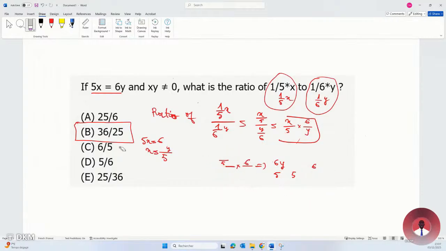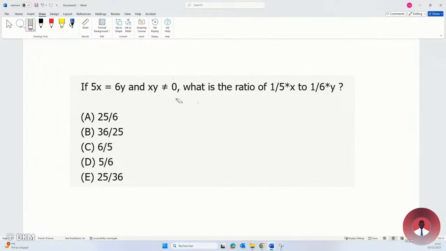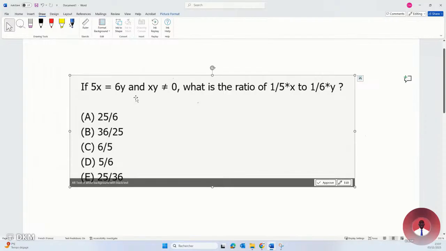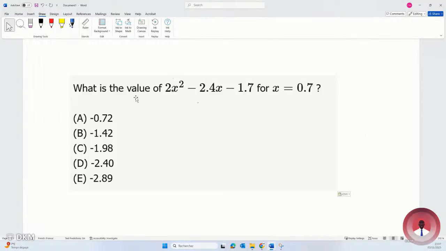And so we have this equation. What is the value of 2x squared minus 2.4x minus 1.7 for x equal to 0.7?